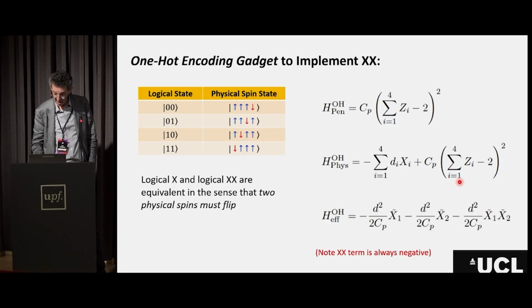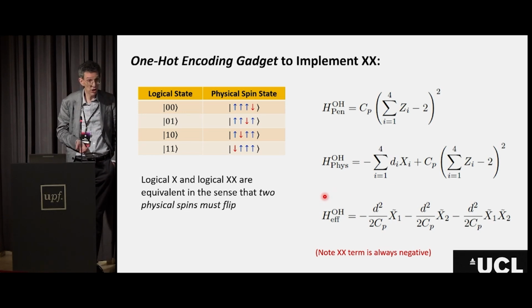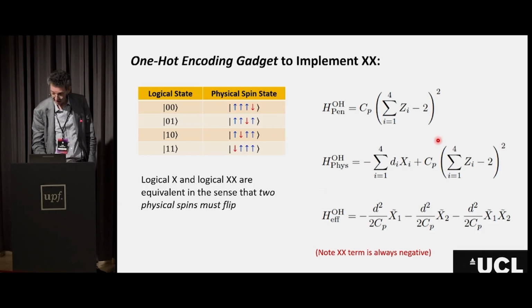And if you then find the effective Hamiltonian for the logical states, which are in the low energy subspace where this penalty constraint is satisfied, you find that you have an X term on each of your two logical spins, and most importantly, this XX interaction. And just to note, for those of you who are interested in the topic of stochasticity, the XX term is always negative in this case.